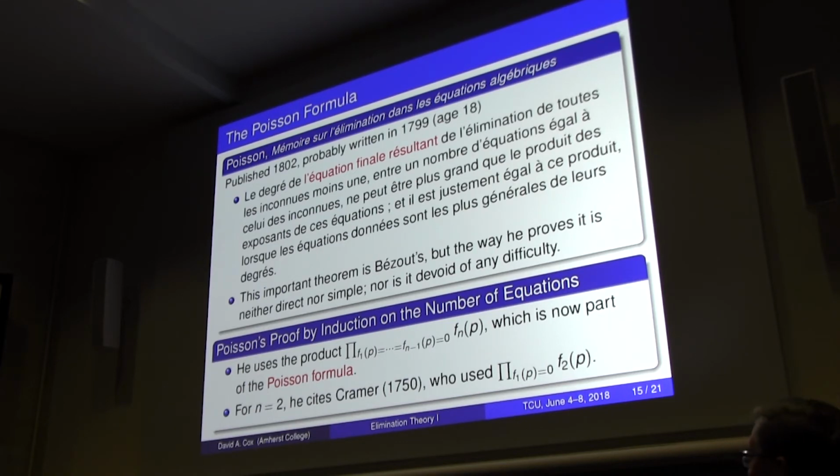Well, he clearly starts his induction with n equals 2, where he cites Cramer in 1750, and this formula actually appears in Cramer. So if you read any treatment of the elementary introduction to resultants, the Sylvester resultant, one of the formulas they give, they proudly call Poisson's formula, but Poisson copied it from Cramer in 1750. And what Poisson really did was the n-dimensional version of it, and that's really Poisson's formula.